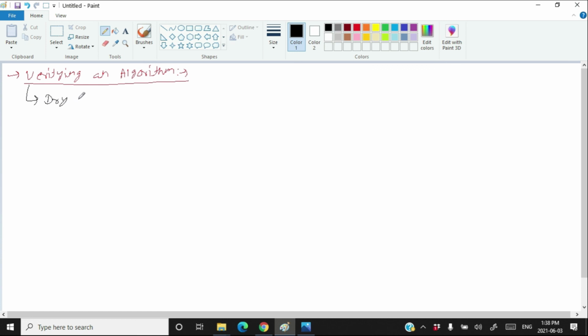Dry run. The dry run is a process of a programmer manually working through their code to trace the value of variables. If you remember, we have taken a few values while calculating 2 to the power 4. We have taken a few values and we have executed the steps by ourselves using pen and paper, and then we got the output as 16.